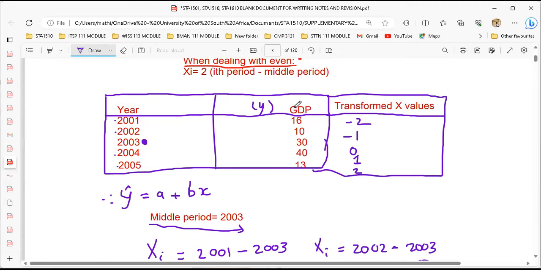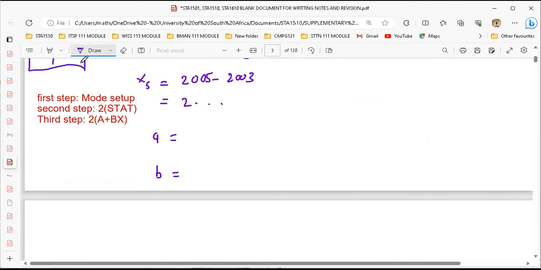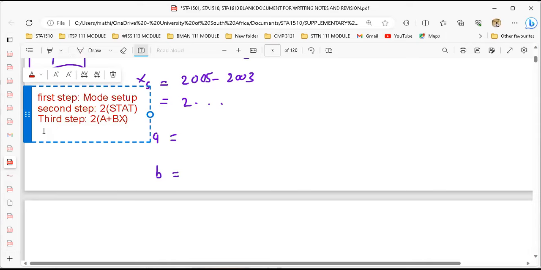And then when I'm done entering my values, I'm going to do this. The fourth step, I press AC. You will see 0 on your calculator.